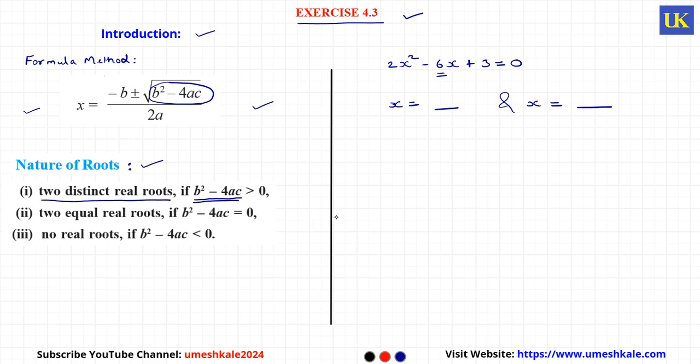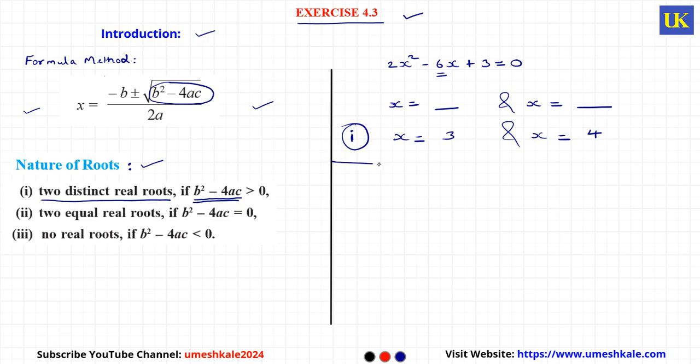Distinct real roots means, for example, once we will get the value of x as say 3, and another time we will get the value of x as say 4. So these are two different things and they are real numbers. So distinct and real roots we will be getting, something like x is equal to 3 and x is equal to 4. This is one possibility.